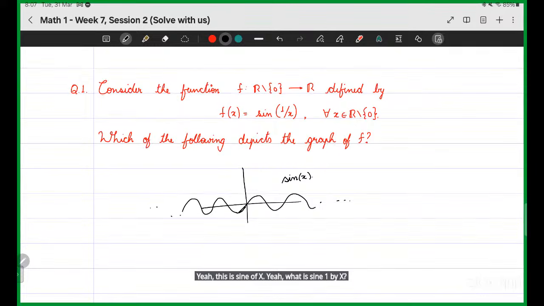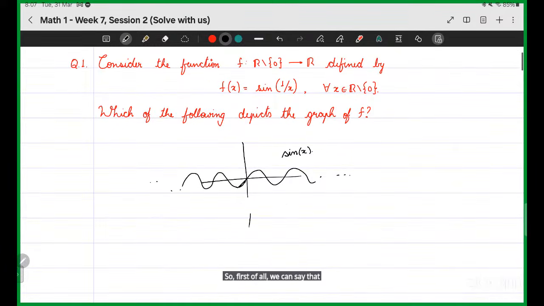Sir, first of all, I guess it will be symmetric around the origin, right? What do you mean by symmetric around the origin? Like the graph of sine x.